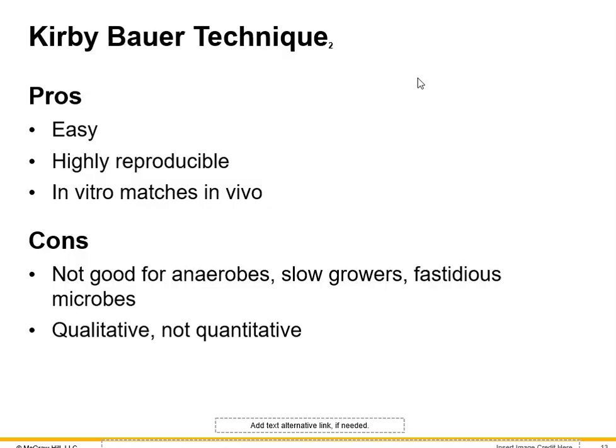So, pros and cons for Kirby-Bauer. The pros are that this is a really easy method to use. Doesn't take much. Anybody can do this type of test. You streak it, you throw down the discs, and then you see what happens afterwards after you incubate it.